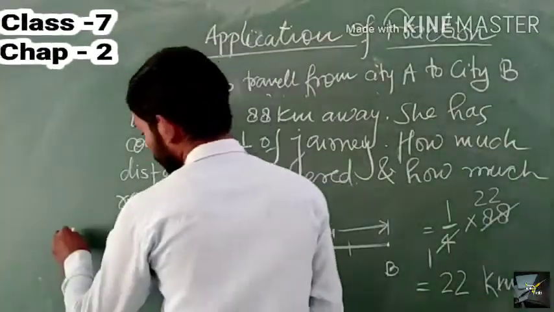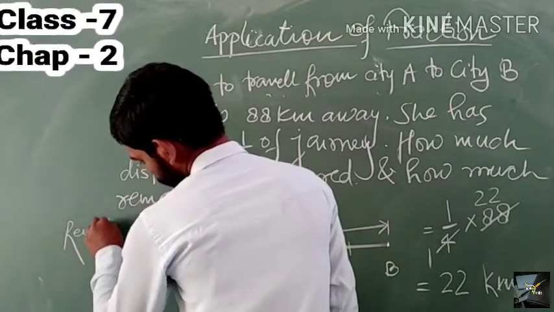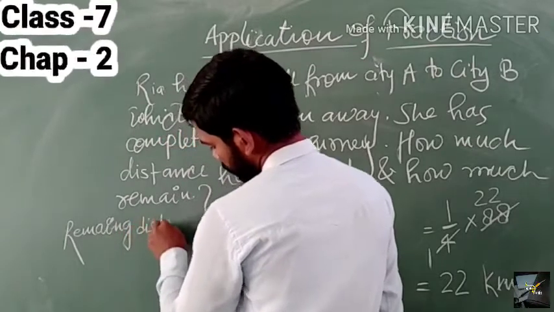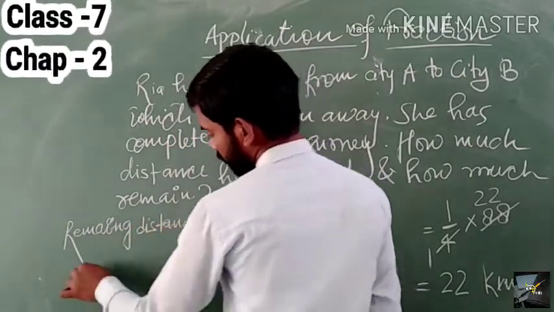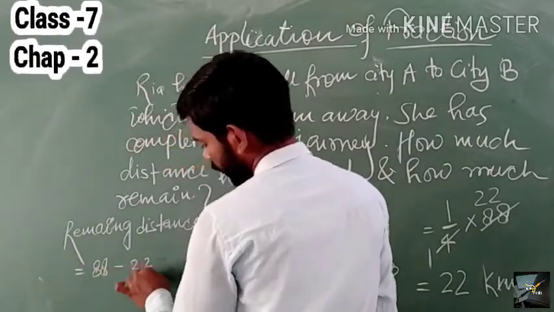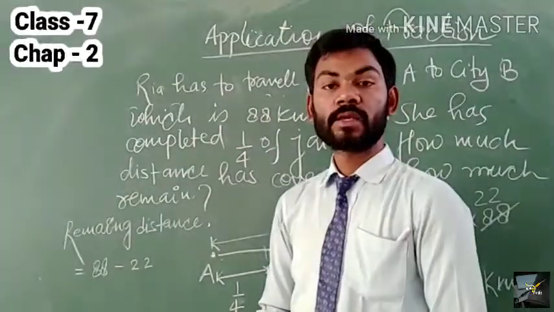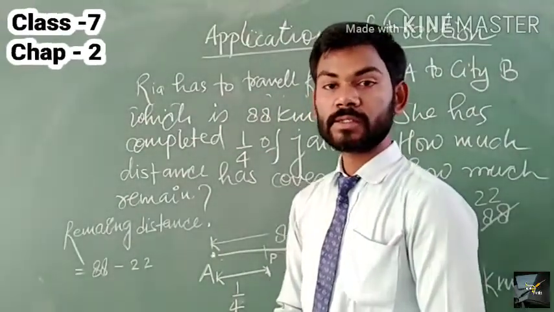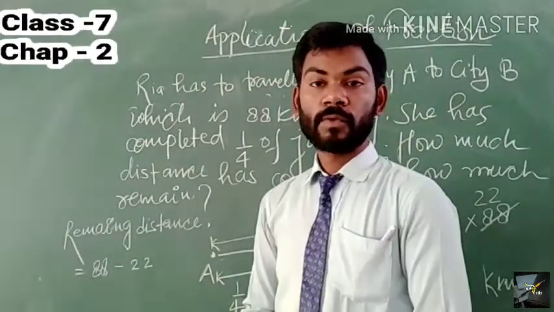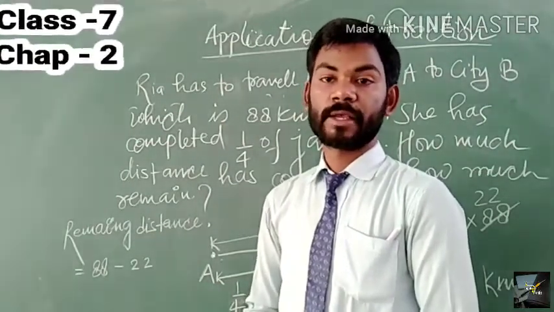Therefore, the remaining distance is equal to 88 minus 22. 88 is the total distance and 22 is the 1/4 distance covered by Ria.